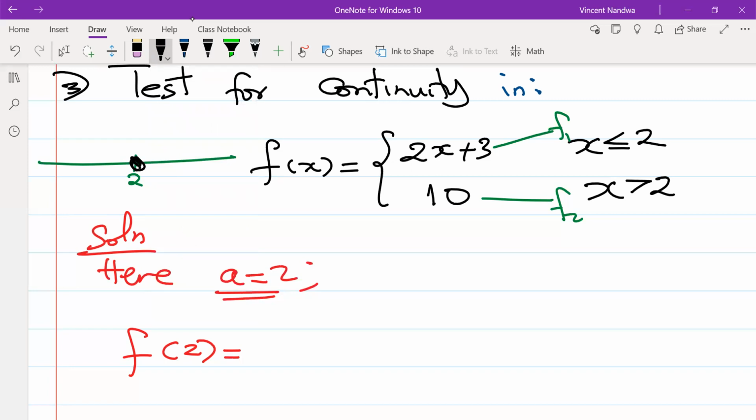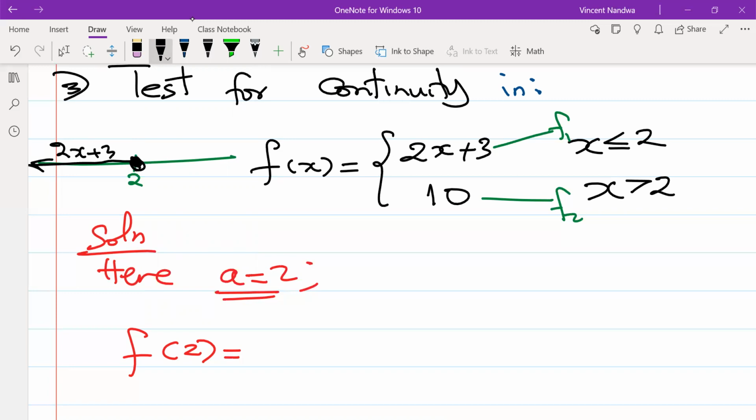So 2x plus 3 will be used when the value of x is less than or equal to 2. So on this side, I'll have 2x plus 3, including the value at 2 itself. If I am at 2 and I go to the left, the formula which will be used for f of x will be 2x plus 3.